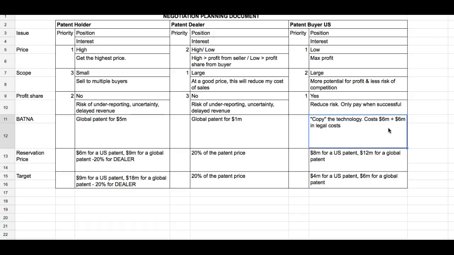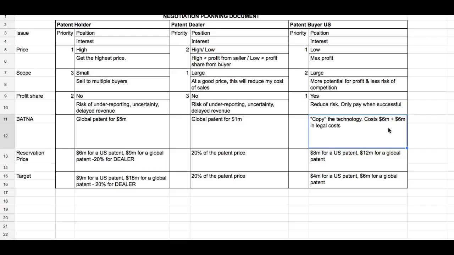So the risk is up to you to decide: am I going to hedge my risk? Because then I might end up paying 12 million. But is that technology really required, or maybe we can go for something else? Why do we have to stick to the patent? Sure, then we broaden the rules of the game and go outside of it. That's possible.